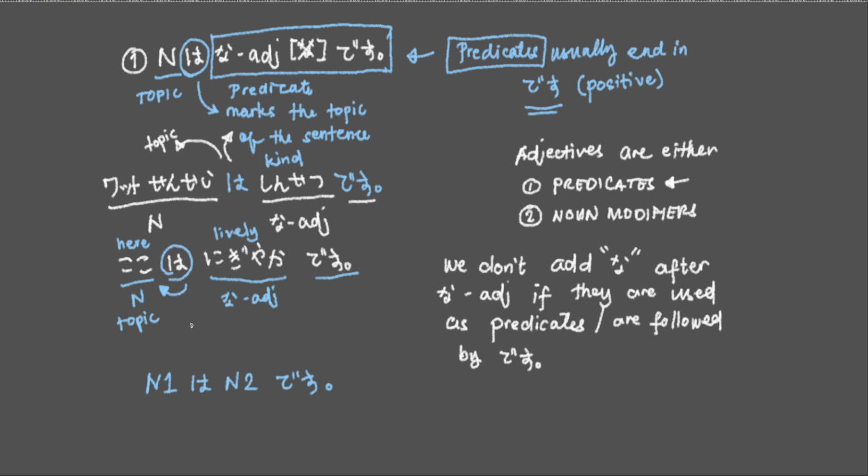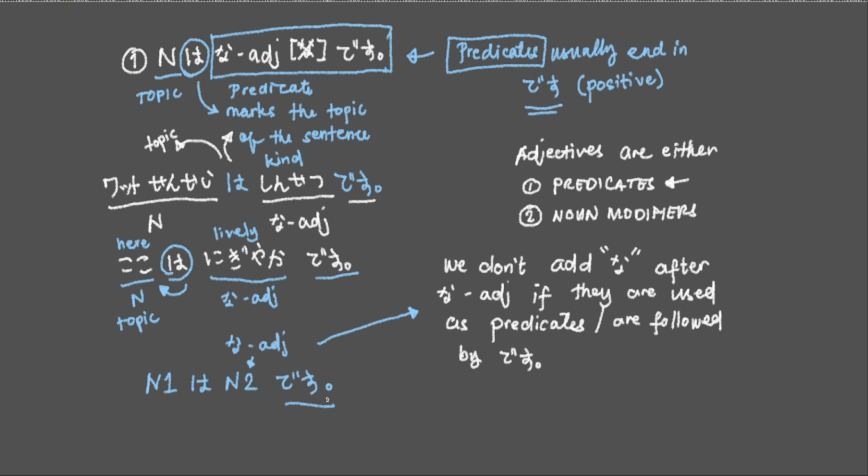Okay, so we have here the na adjective replaces this one, right? So essentially the na adjective here works as a noun, which is why we don't use na after the na adjective, because desu follows it.